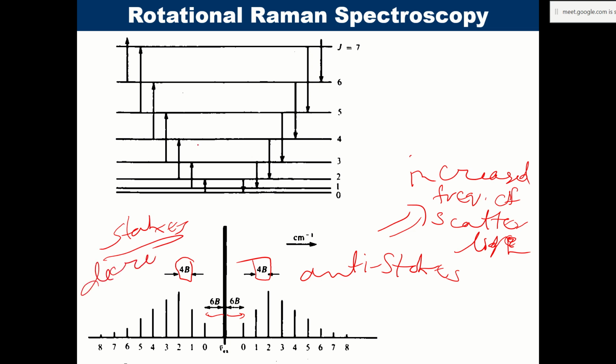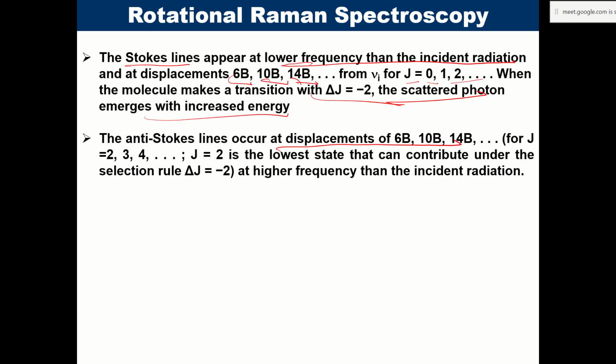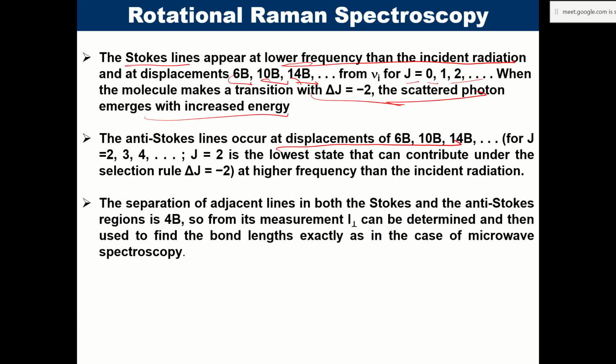So excitation, as you see in the picture, is going to higher J levels, and on the anti-Stokes line it is going to the lower J levels. So you can clearly see these things happening here. That's what is written.